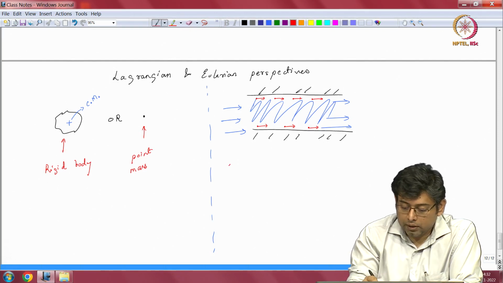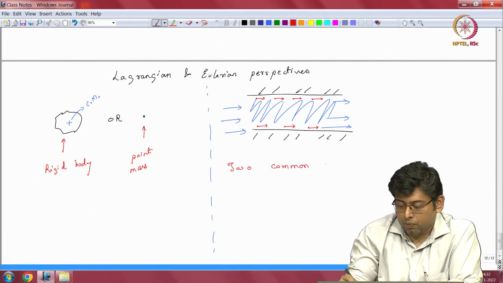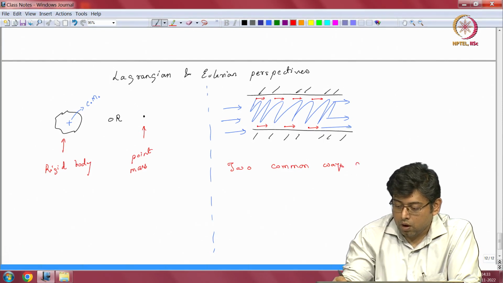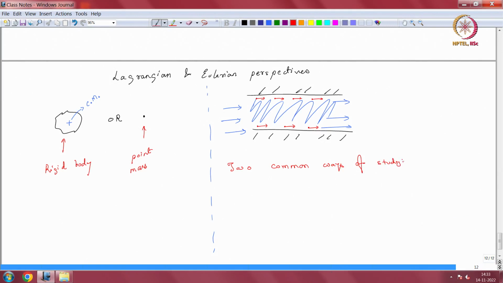So, two common ways of studying a deforming body. One is called the Eulerian view, and the second one is called the Lagrangian view.